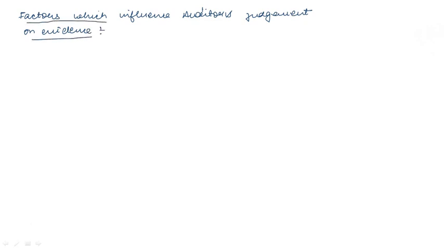So there are a few factors which decide that the evidences which have been obtained are sufficient and appropriate or not. They should be sufficient and they should be appropriate. Both of the qualities should be there as well. Right?